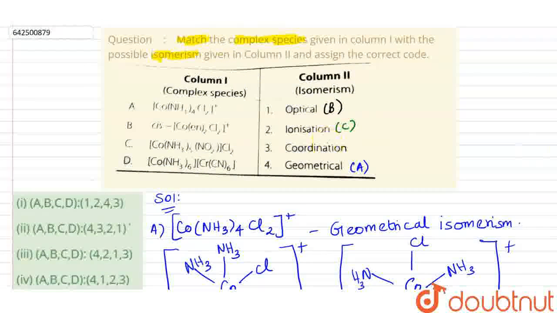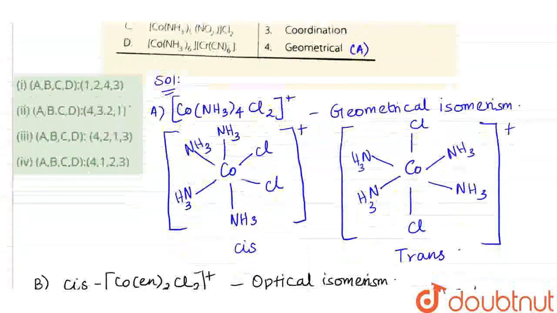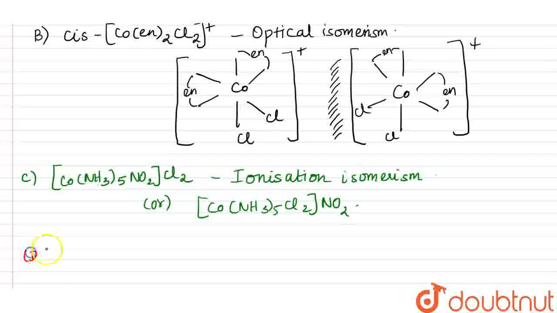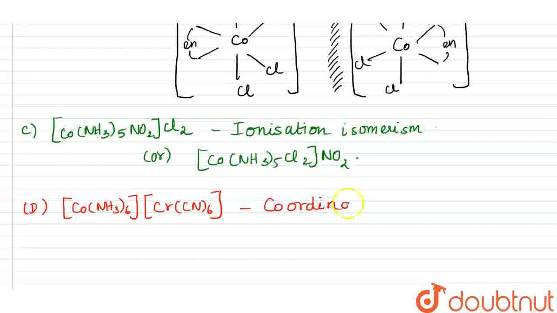And the final one, D, is hexacyanochromium cobalt: cobalt NH3 6 and chromium cyanide 6. This exhibits coordination isomerism.